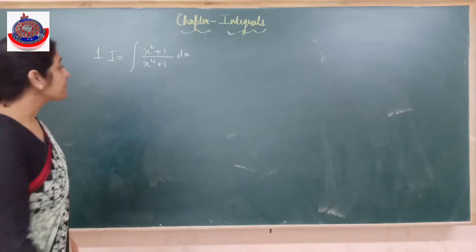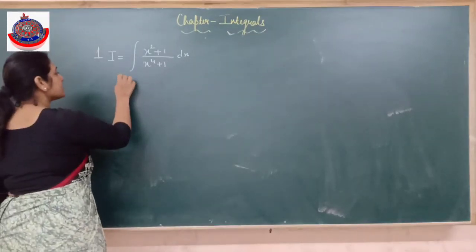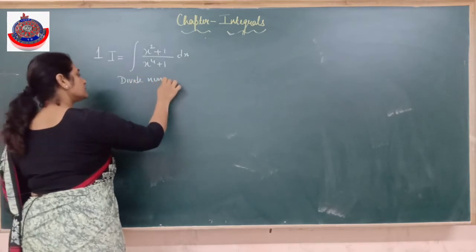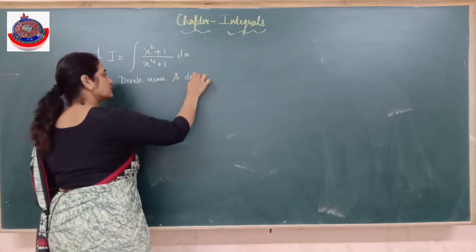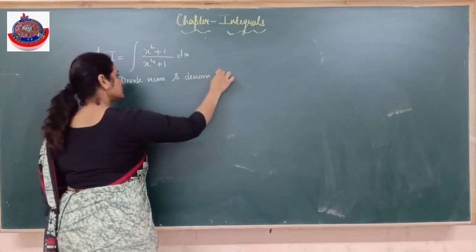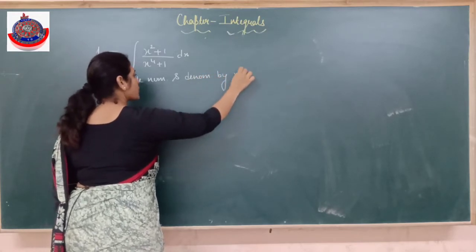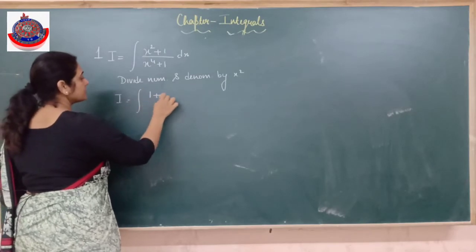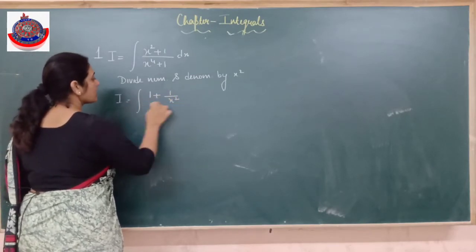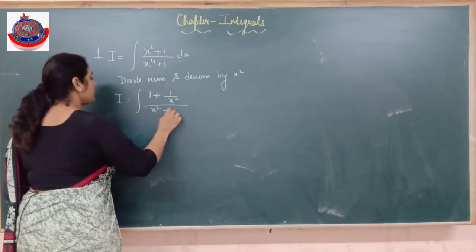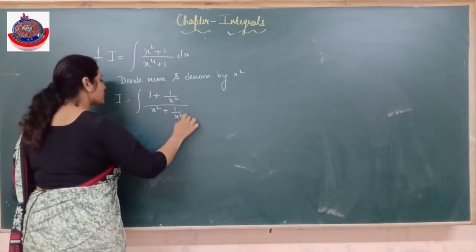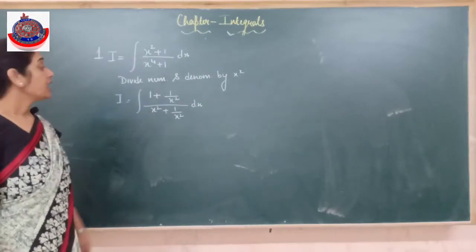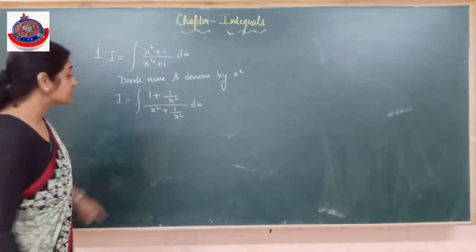The rule remains the same. I will be dividing the numerator and denominator by x square. So what do I get? x square by x square is 1, and 1 by x square, in the numerator; in the denominator, x square plus 1 by x square. I told you when we have a plus, I'll substitute the minus.